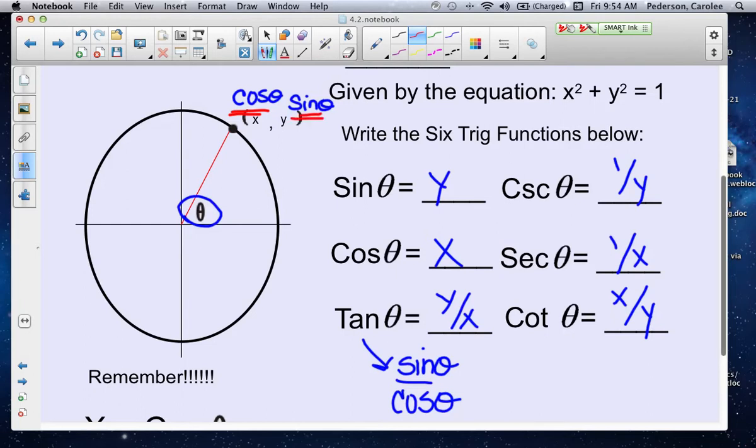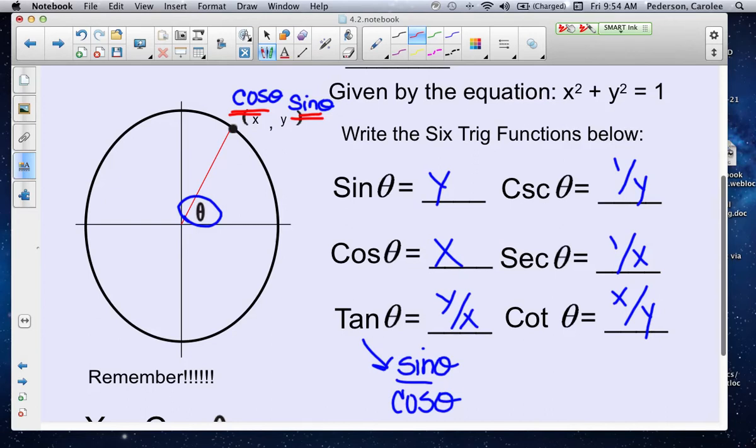C comes before S in the alphabet, so as you write an ordered pair, it's X then Y. So that's how I remember it. But we tend to write our 6 trig functions as sine, cosine, tangent, cosecant, secant, and cotangent. When we move later in the chapter, we're going to understand why we need to know circular trig when we graph these trig functions.